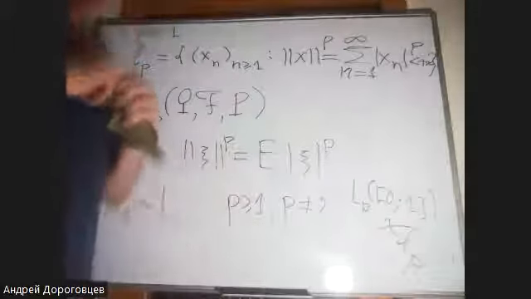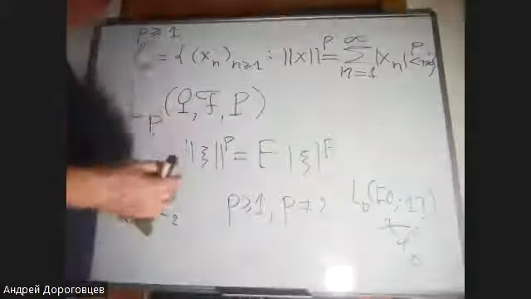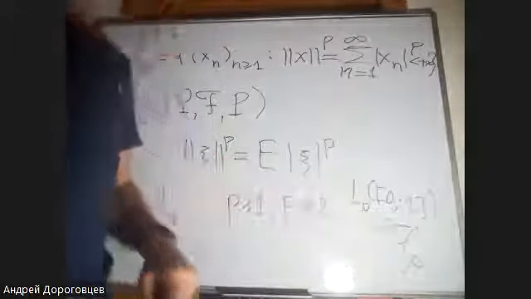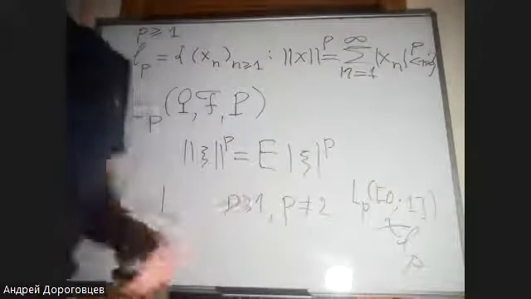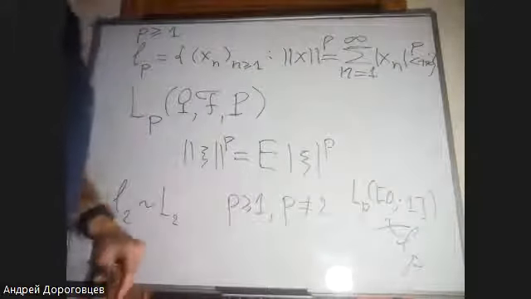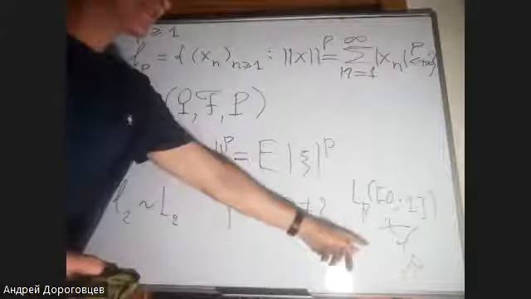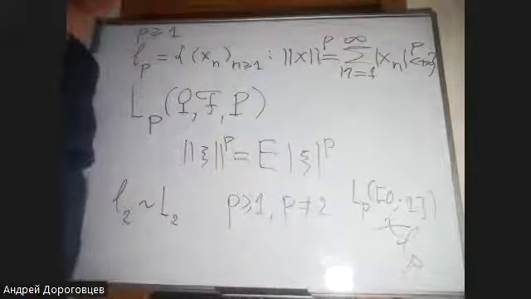You can think about this problem by yourself. I just give you some advice. In this space Lp, we have a sequence of independent Gaussian vectors. So this is the reason why we have no such isomorphism.